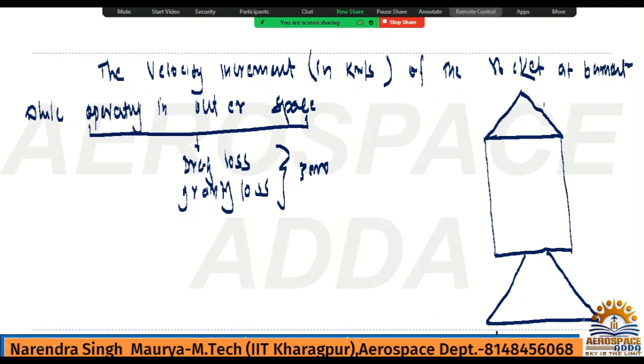Now if I ask what is the total mass, then how to get it? Obviously ML, you can say this is the ML. Okay, guidance system also, you can say this is the guidance system here. Okay, and here you will have a propellant.